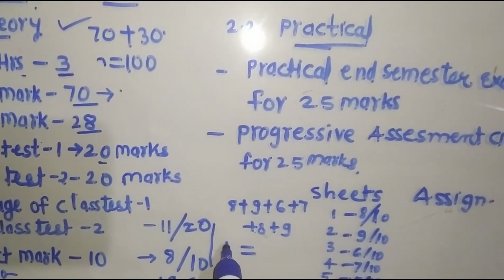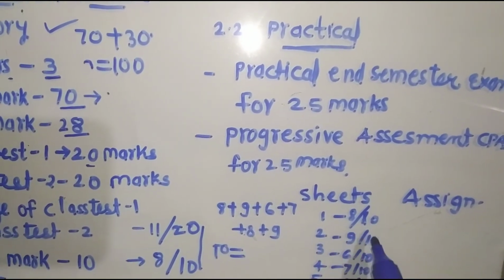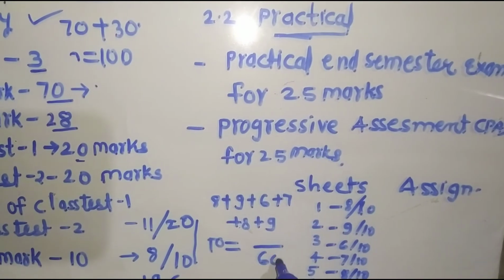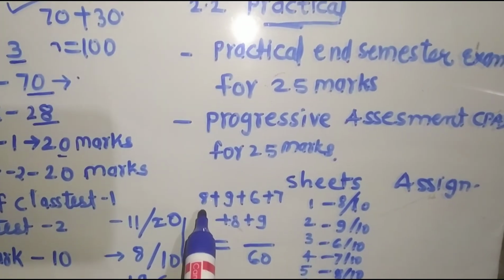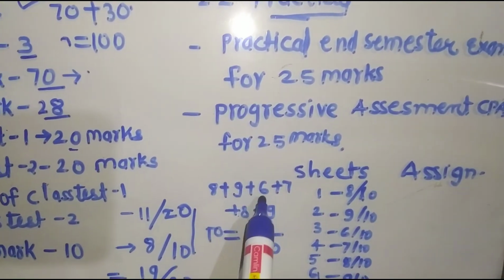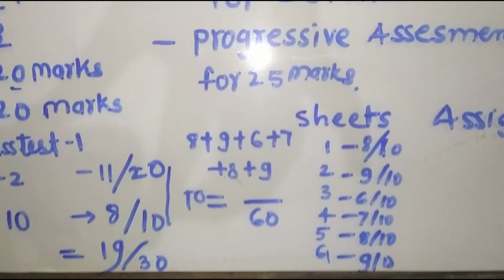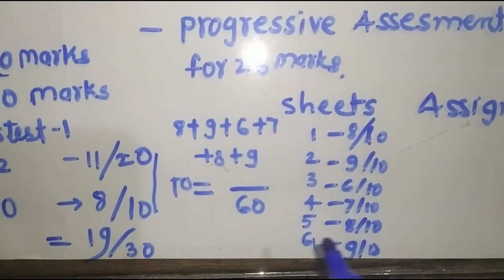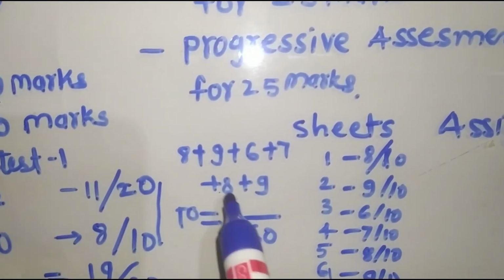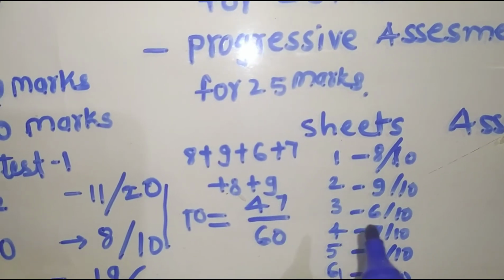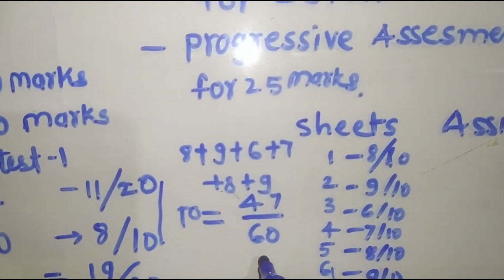What will be the total? Out of 60, if you add this, he will score 47 marks. That is out of 60 marks.